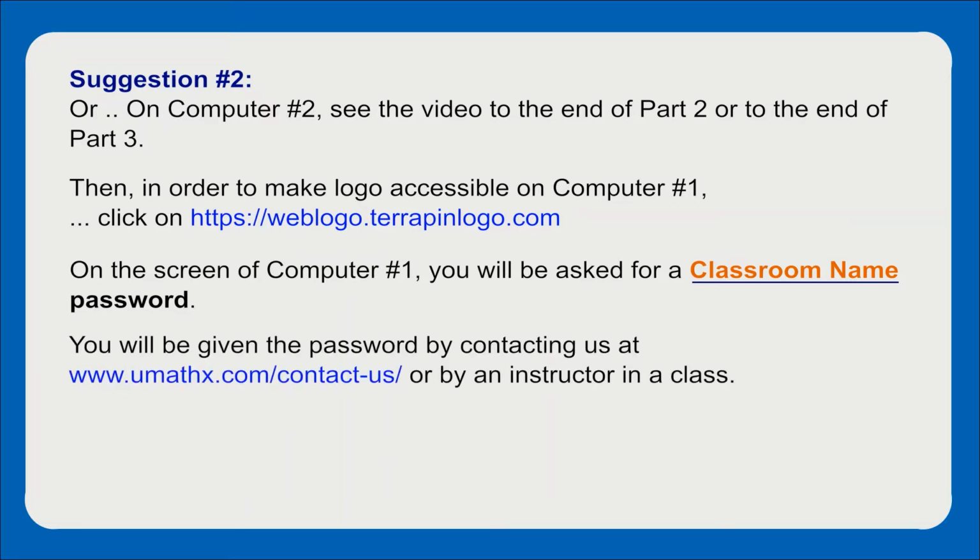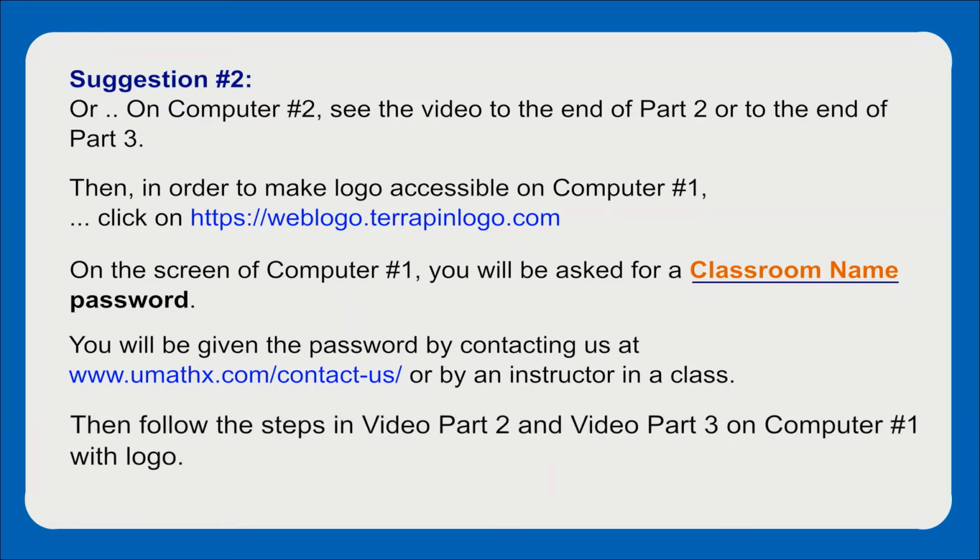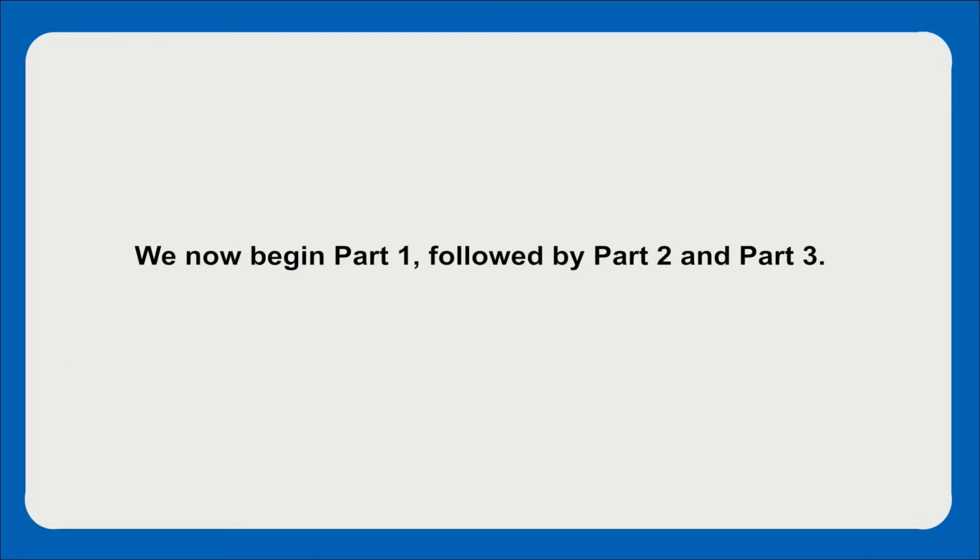You will be given the password by contacting us at www.umathx.com/contact-us, or by an instructor in a class. Then follow the steps in video part 2 and video part 3 on computer number 1 with Logo. We now begin part 1, followed by part 2 and part 3.